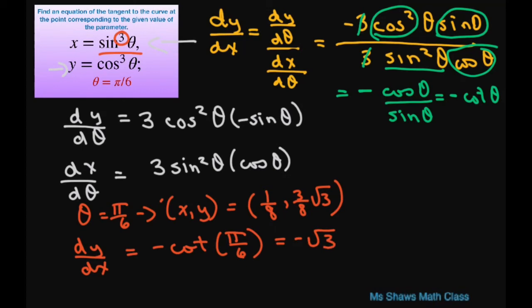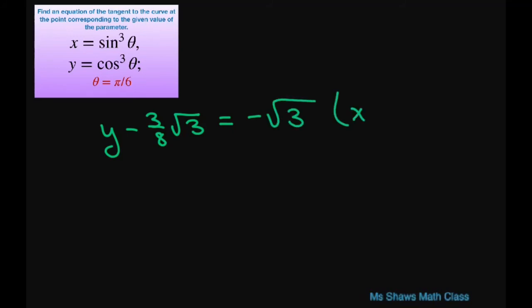So we can write an equation of the line now and substitute in our x and y and our slope, the gradient. So let's do that. We're going to get y minus 3/8 square root of 3 equals negative square root of 3 times x minus 1/8.